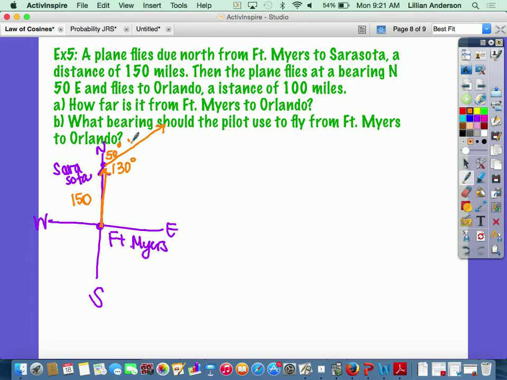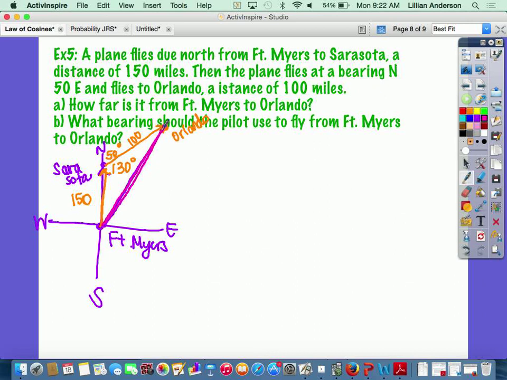And they flew 100 miles and they ended up in Orlando. The first question asks you, how far is it from Fort Myers to Orlando? So you're finding a side. Does everybody see how the triangle was just formed?